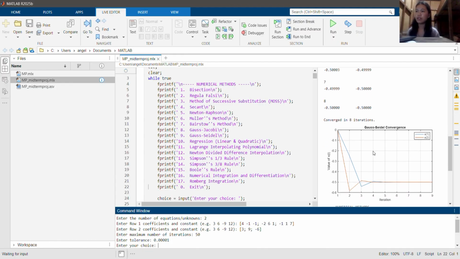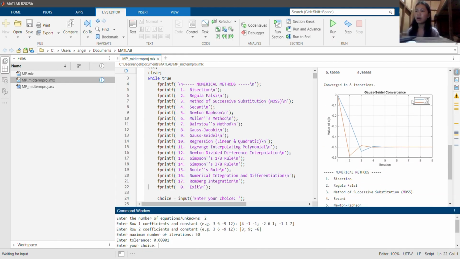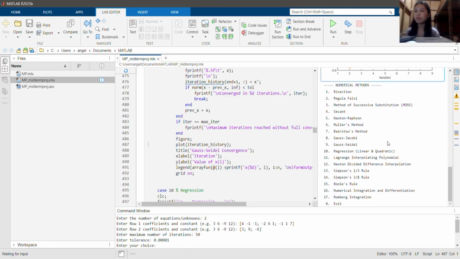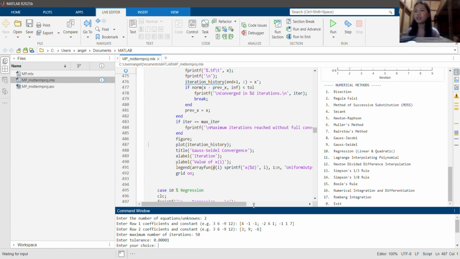Based on the iteration table, the function converges in 8 iterations. Below it, we can see the graph for Gauss-Seidel convergence. The blue one is for x sub 1, and the red is x sub 2.